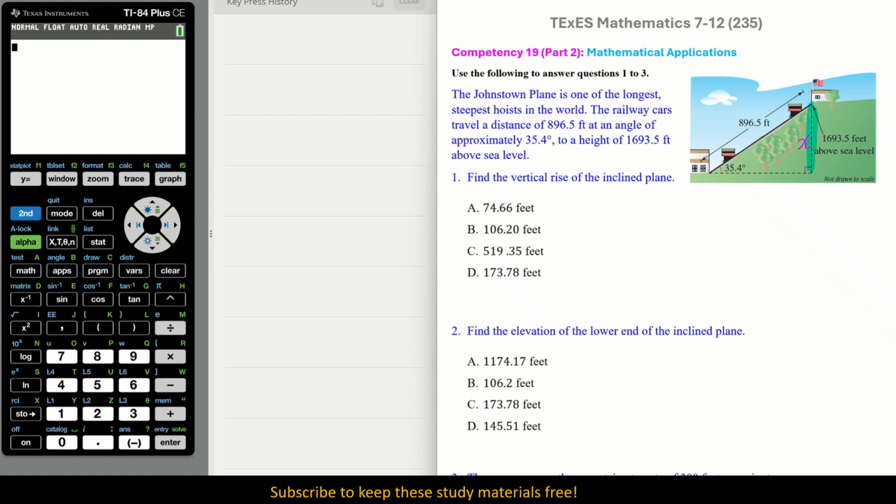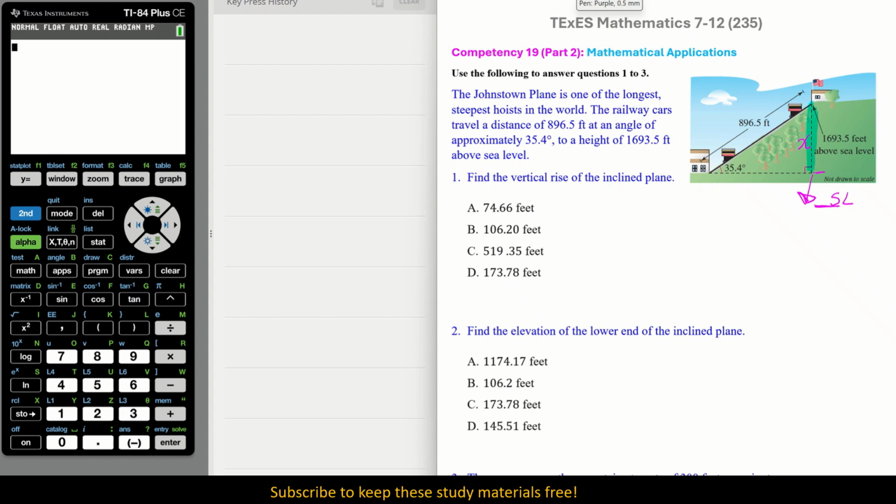We know what the top is above sea level, but down here, we don't know what that sea level is. We just know what that distance is. So that means we don't know what this height is. Now, let's see what number 1 says. It says, find the vertical rise of the inclined plane.